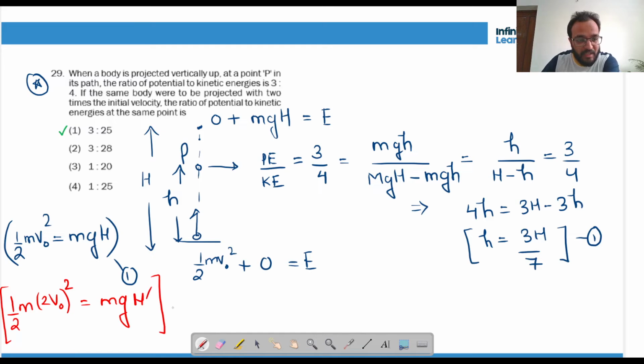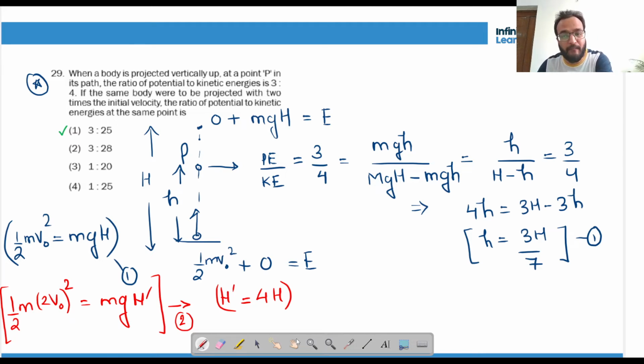So this time, if you take the ratio of equation 1 and 2, H dash will be equal to 4H. Do you understand? H dash will be equal to 4H. That means this time when you throw it again, it is going to a height of 4H, right? So they are asking what will be the ratio at the same small h.